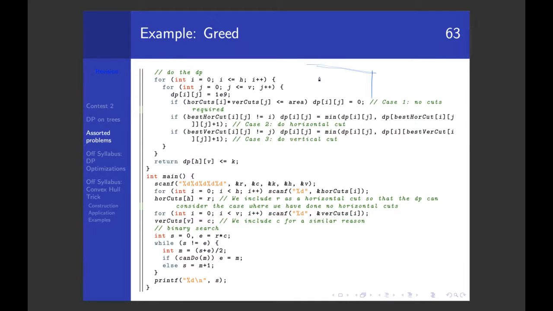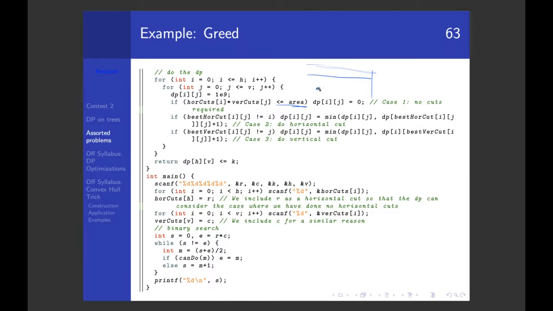We say, if we can just take this whole area, if this entire area is less than or equal to the required area, then no cuts are required, we're done. Otherwise, we take the horizontal cut. So we say, okay, take the horizontal cut, and it's dp of this state here, plus 1 for this cut.